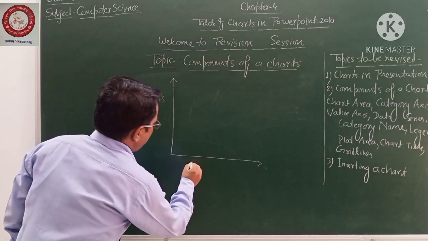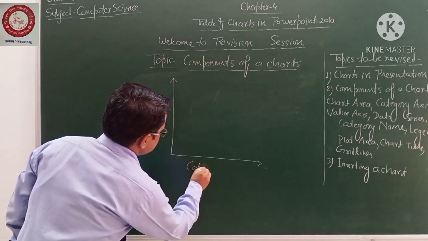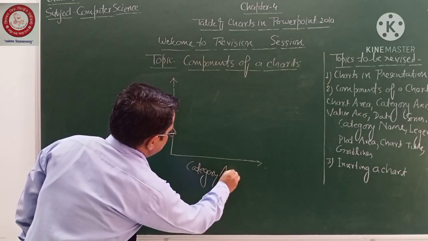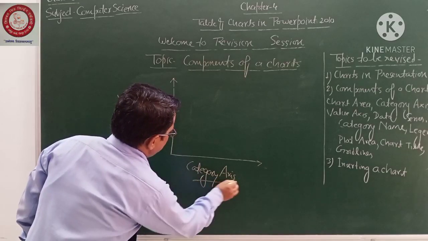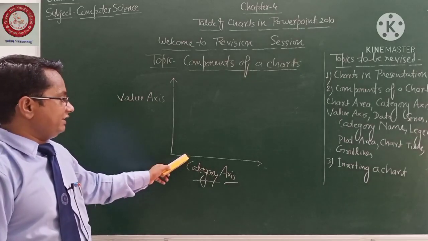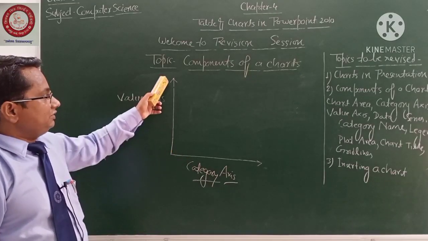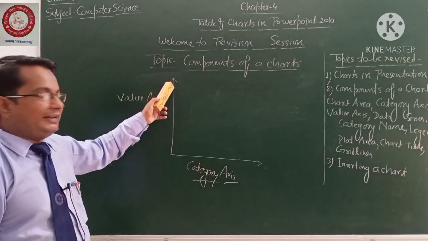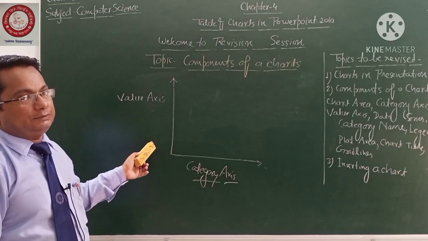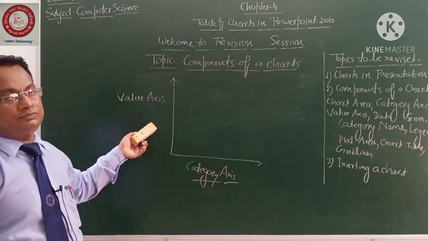Now, this is called the category axis. Okay, this line is called the category axis. Now, you can label this vertical axis or value axis by using a label. You can give any kind of name.